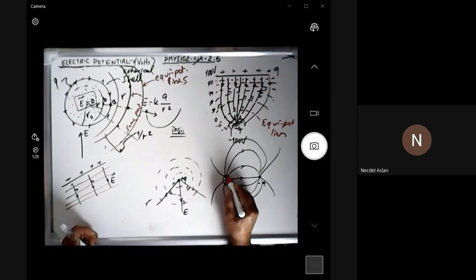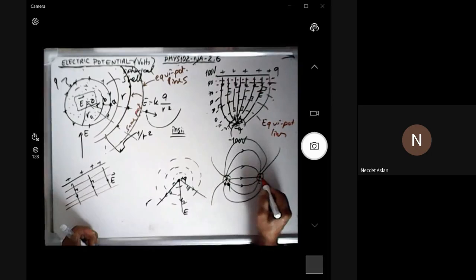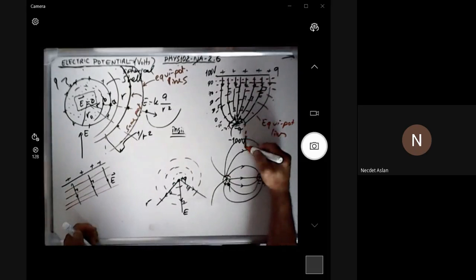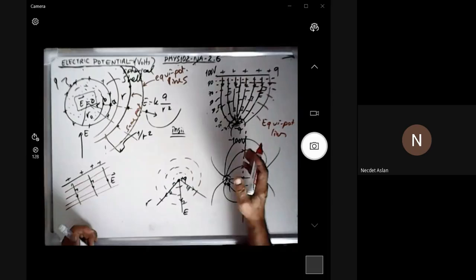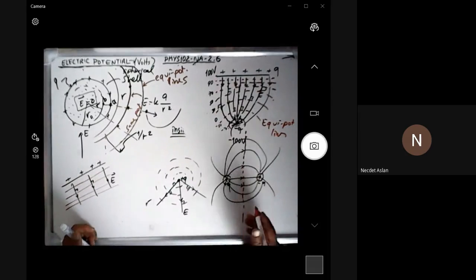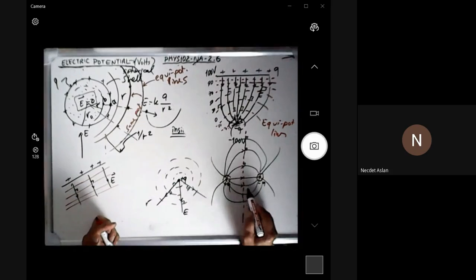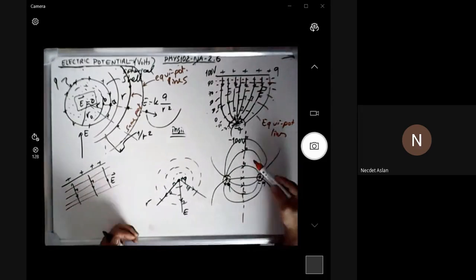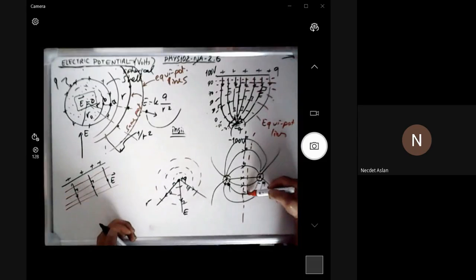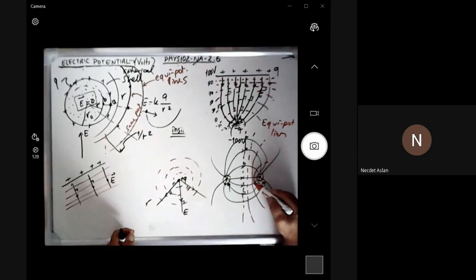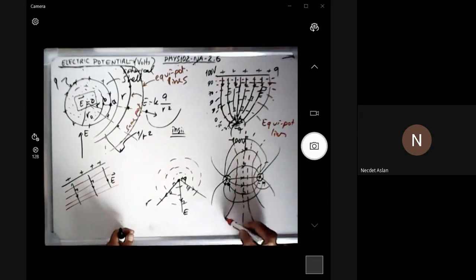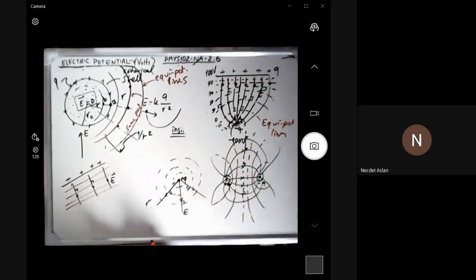They will be almost spherical when they are near these charges, but at the midpoint they will have a flat distribution, because this is the only way you can draw lines perpendicular to these electric field lines, which all point towards the right at this point. But on the right side, this flatness changes, and we have these kinds of curvatures in the equipotential lines.